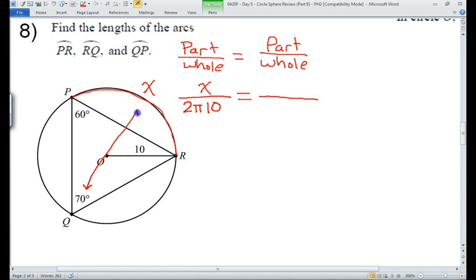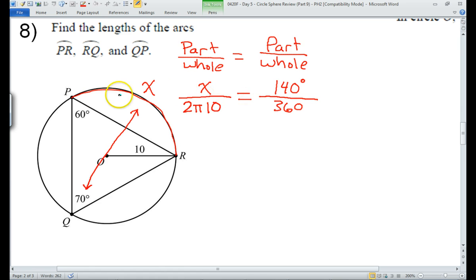So what is the relationship here? So what will be the degrees of this arc? Hopefully you're realizing that when you have an inscribed angle like this, the arc measure, the degrees, are double. So the partial degrees will be 140. That's double 70. Okay? Of course, the whole degrees are 360.